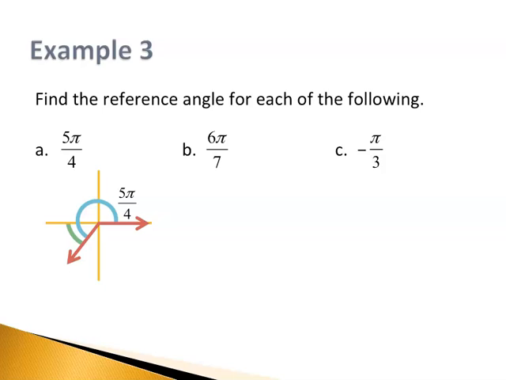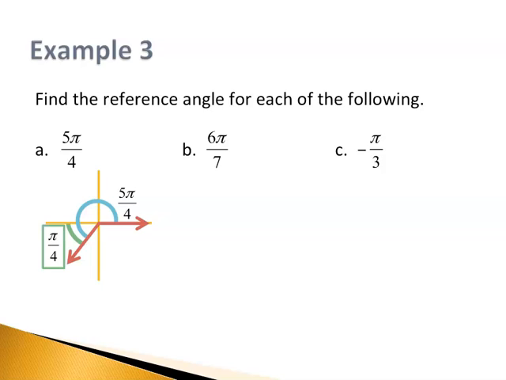Half of a full rotation is pi, and this is the part that's above that. Since this is 5 pi over 4, how much more do you have to add to pi to get to 5 pi over 4? You need to add an additional pi over 4 to get there. So again, you can notice that for all of these, we'll have the same denominator as you're working to find the reference angle.